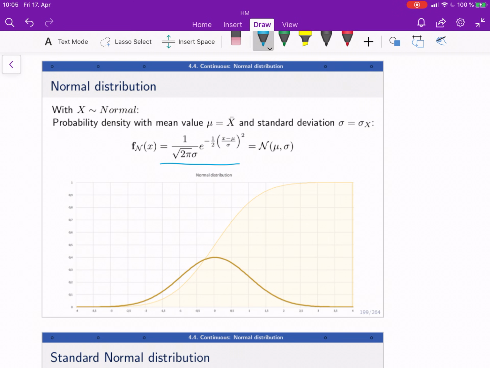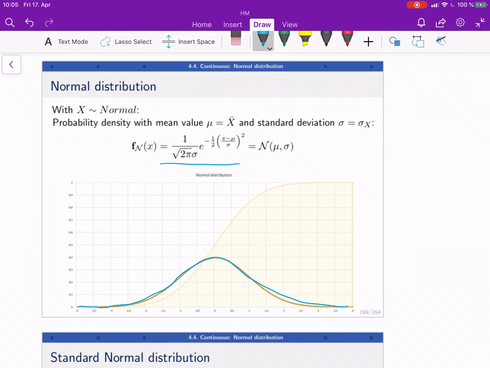The density looks like that. This is the formula. It's got an exponential function of minus the distance from the mean value squared. So this is the probability density, this little bell-shaped curve.